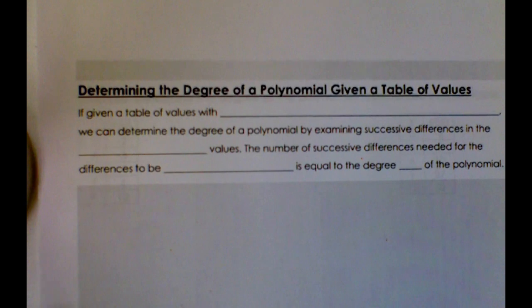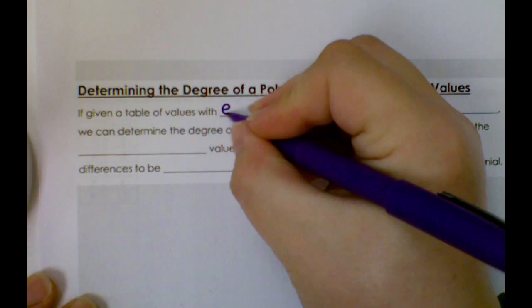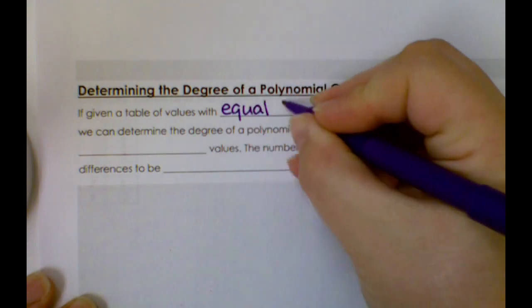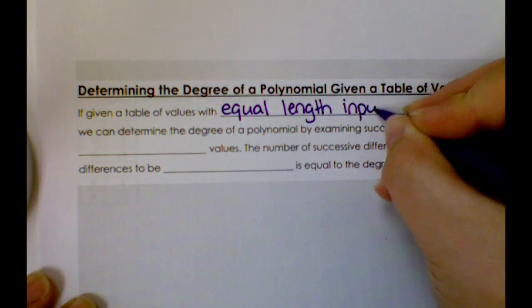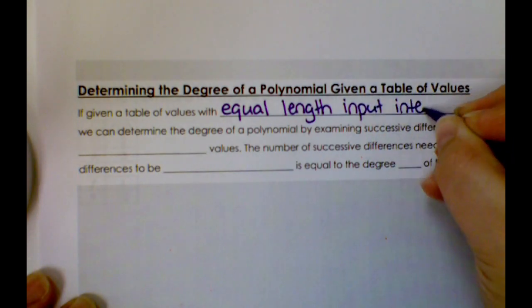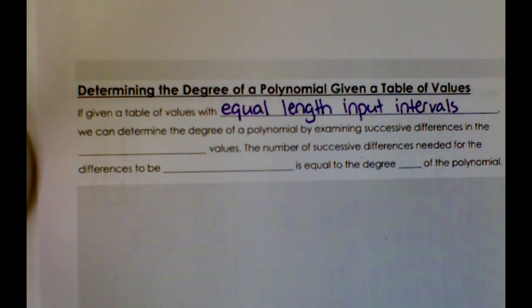And one final piece of this section: determining the degree of a polynomial given a table of values. If given a table of values with equal length input intervals, this is very important. It means that the x's are always the same width apart. We're not jumping.